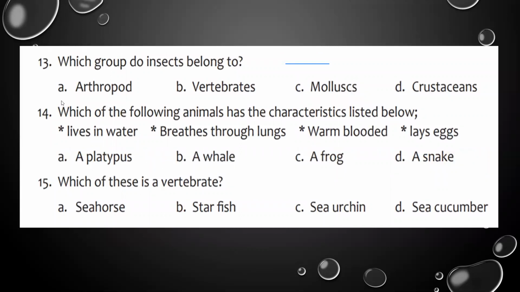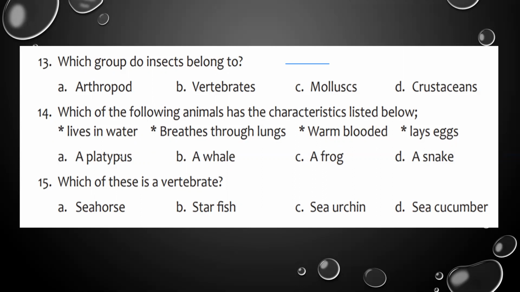Number 13. Which group do insects belong to? A while ago we studied this. Is it arthropod? B, vertebrates? C, mollusks? D, crustaceans? Which one? Now, number 14. Which of the following animals has the characteristics listed below? Lives in water, breathes through lungs, warm-blooded, lay eggs.